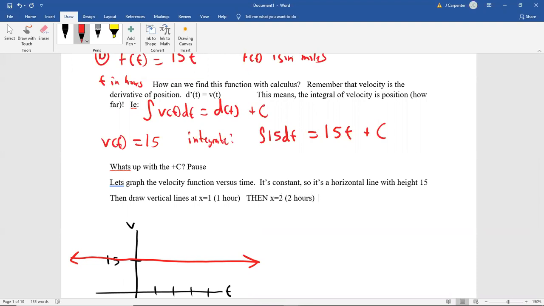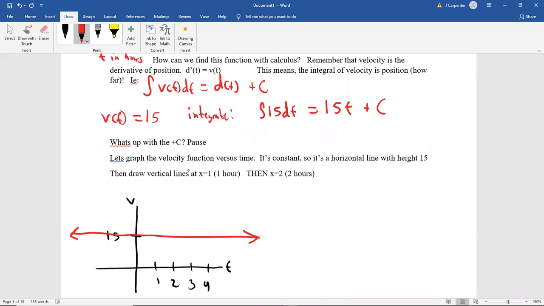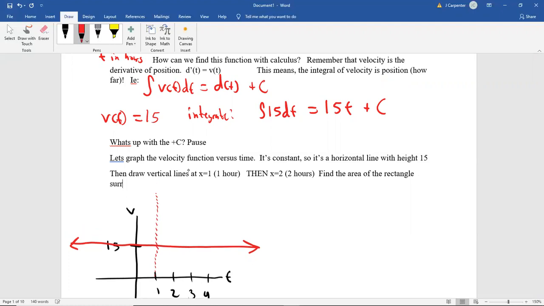And again, we're going to do this as separate problems. So let's draw a vertical line here. And I'll do it dotted because it's not really anything. And what I'm going to ask you to do next is find the area of the rectangle surrounded by the axes. Find the area of the rectangle surrounded by the axes. What I mean is this area.